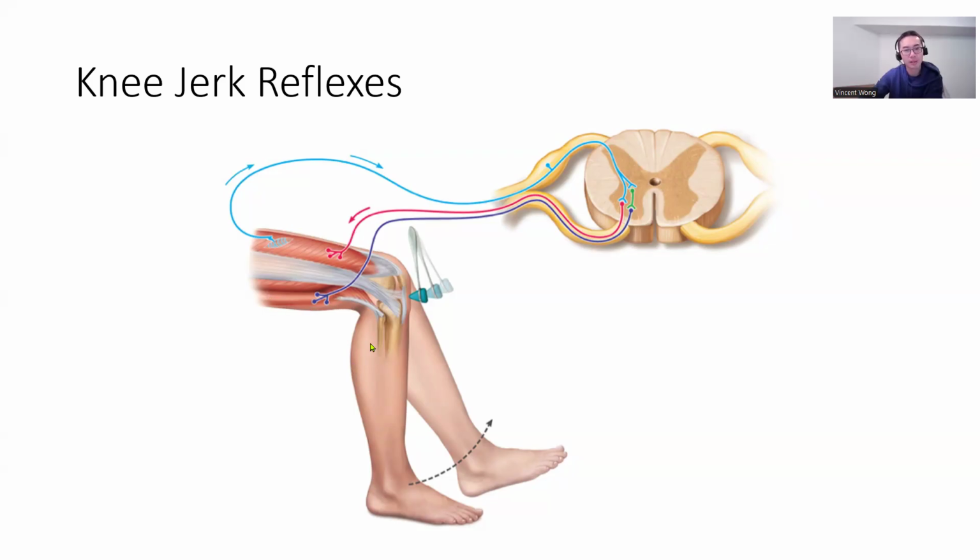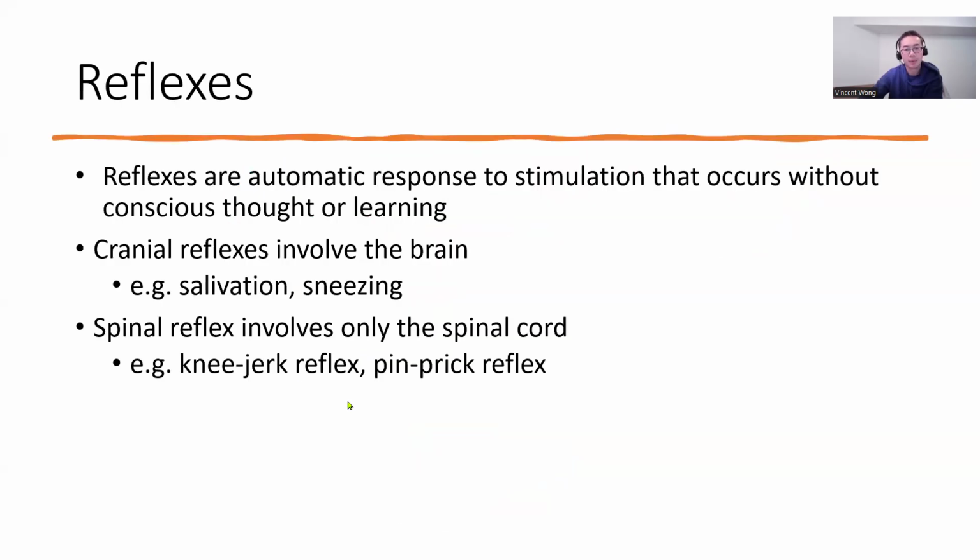And as a result, your leg jerks forward. There's the pinprick reflex. It's similar to touching a hot surface, but this time you touch something sharp. You see this in movies, right? A person arranging roses or something, and all of a sudden they get pricked by the thorns of the rose, and then they remove the finger.